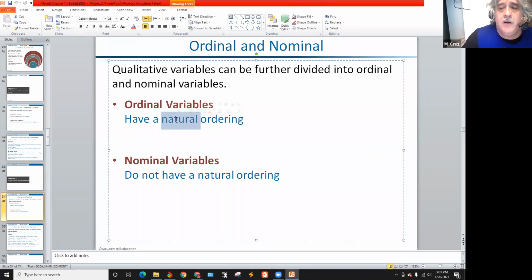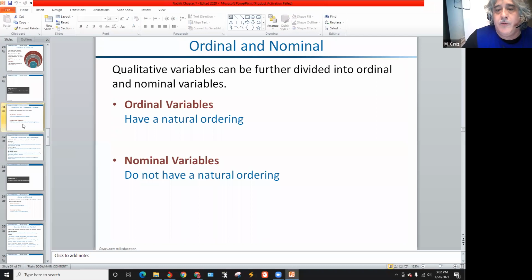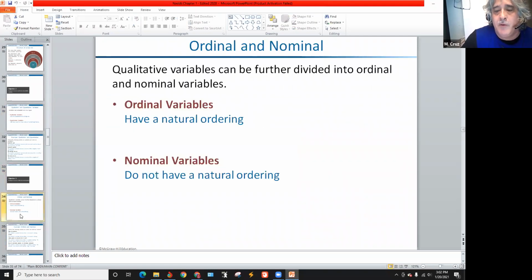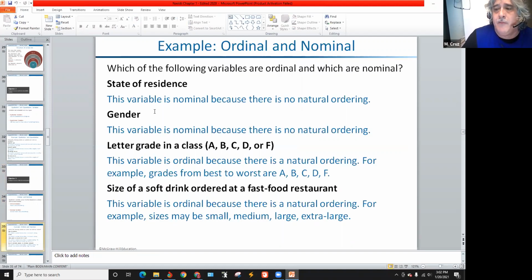So they would be ordinal values. But if it's something like male and female, there's no real order there. They're just both descriptive characteristics, and they don't have a natural ordering. So nominal, it's just like a name. That's all that means, name. Nominal is name. And I'll take you through this really quick, and that's probably all we need to look at.